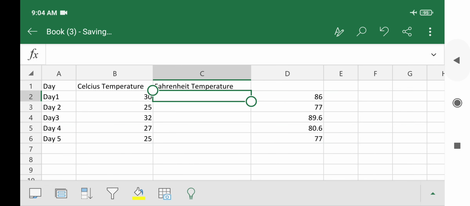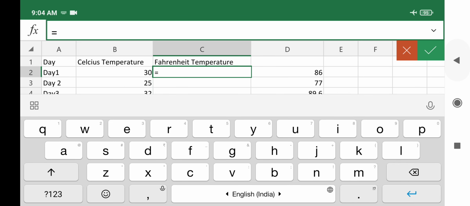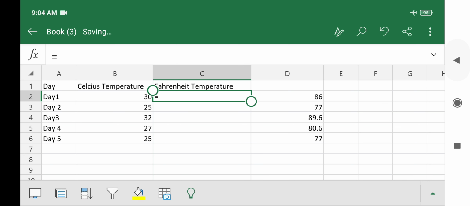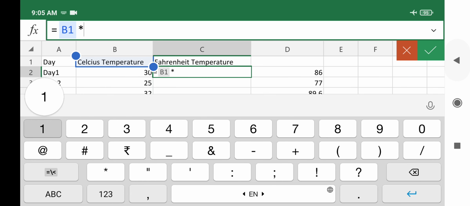But right now I'm showing you how, by applying relative cell references, we can do it. For the very first time you have to calculate. It is not that you don't have to calculate the first time. So for the first time, go from here, select the value, then multiplication 1.8, then plus 32.